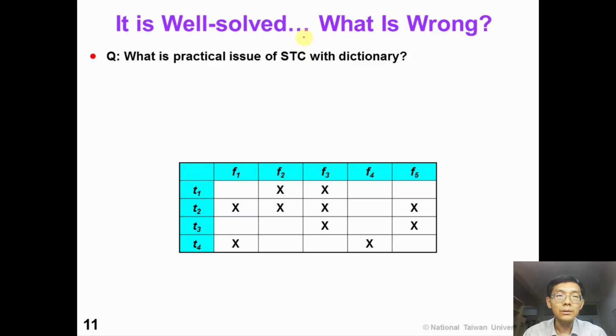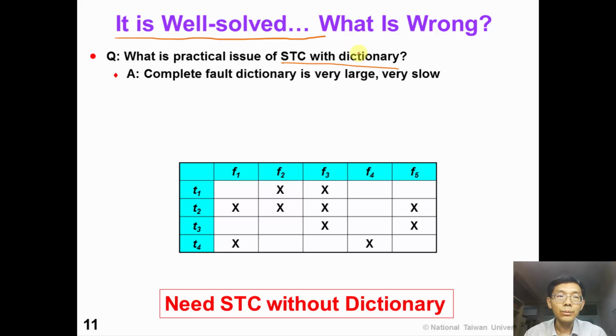Well, everything seems to be very good so far. It looks like this is a well-solved problem. So what's the practical issue of STC with fault dictionary? In practice, a complete fault dictionary is very large, and it is very time-consuming to perform fault simulation without fault dropping.